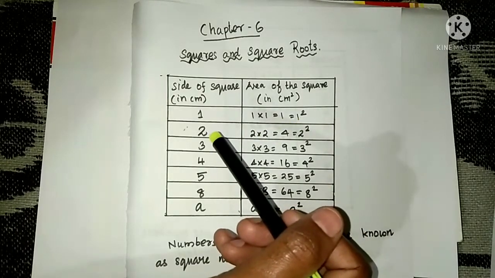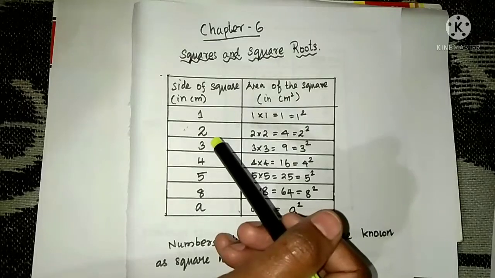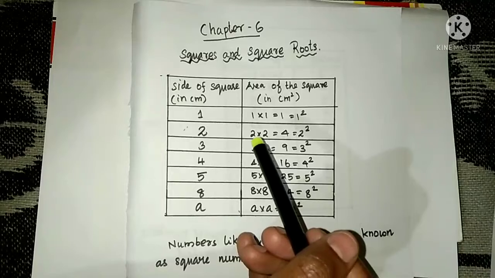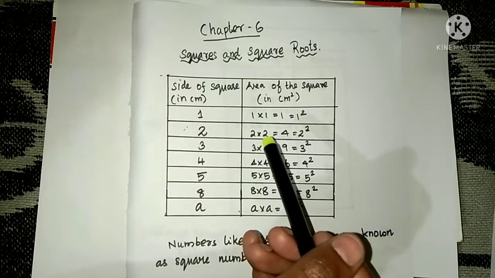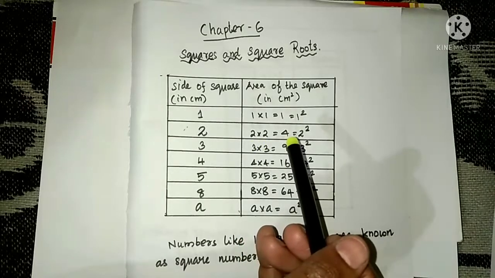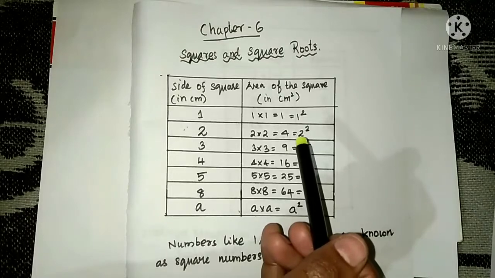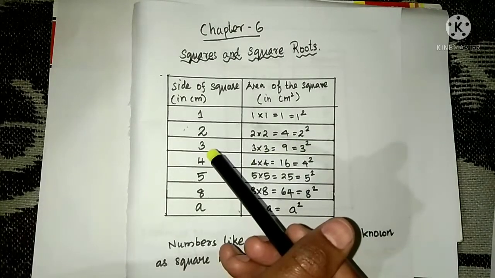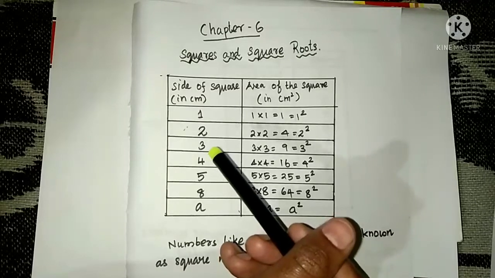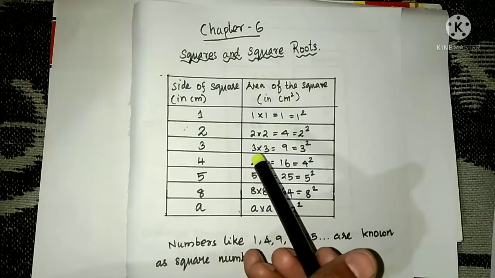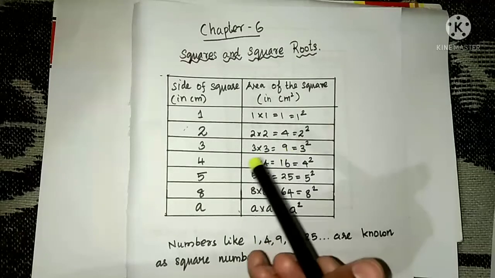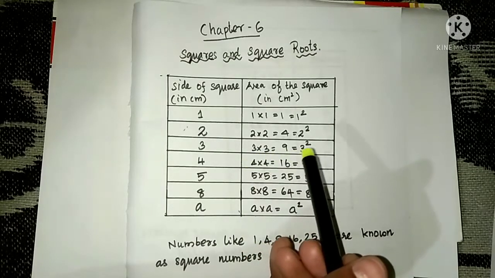Then if the side of the square is 2, then the area is 2 into 2, that is equal to 4, that we can write as 2 squared. If the side is 3, the area is 3 into 3, that is equal to 9, that we can write as 3 squared.